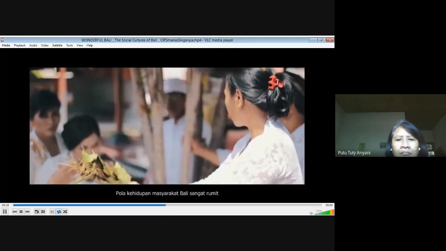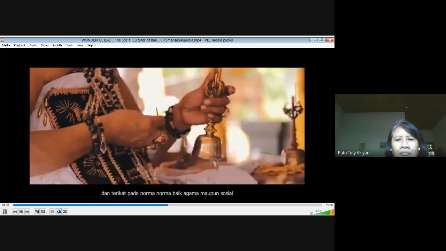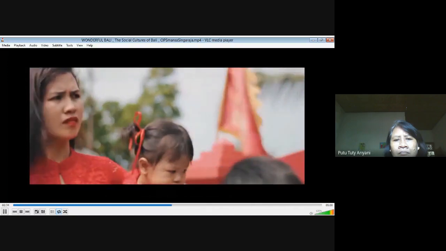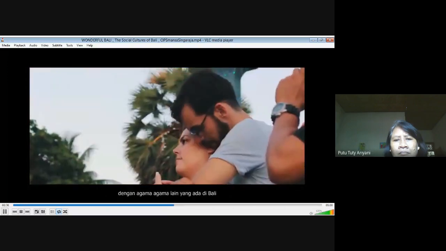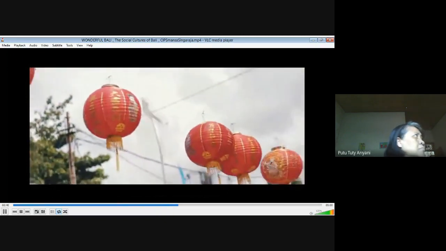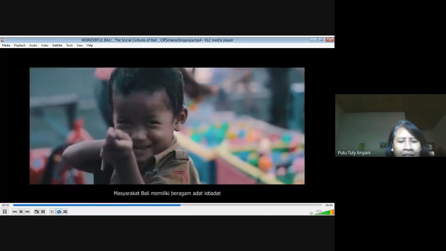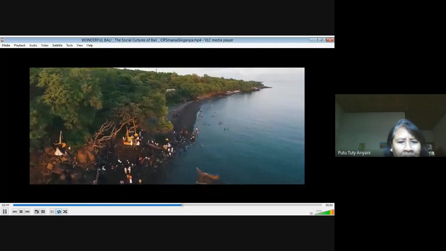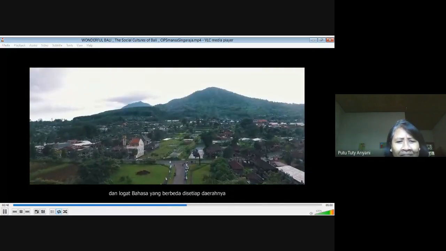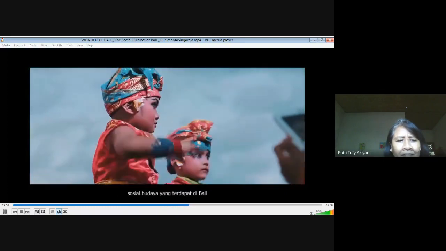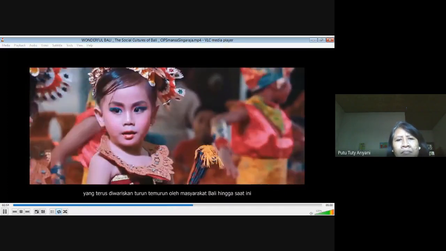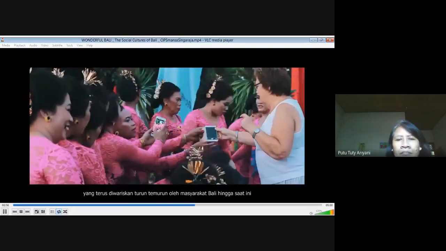Balinese life pattern is complex and bonded to either religious bonds or social norms. In Bali, Hindu people get along with other believers well. Balinese people have various customs and language accents. They are distinctive from each other in every part of Bali. The social cultures of Bali are the heritage of the ancestor, descended from generations to generations.